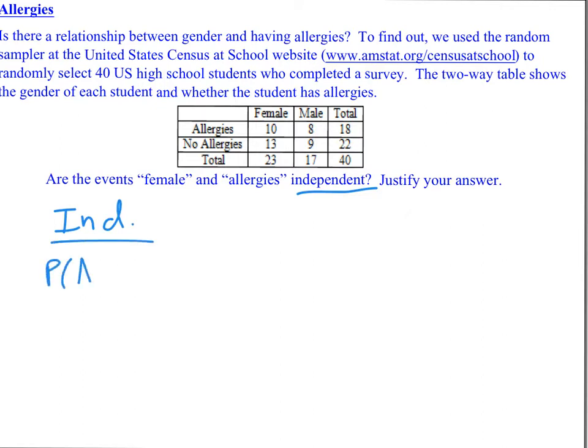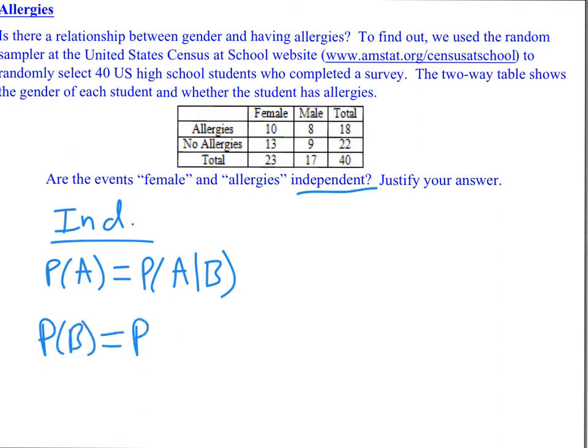It's given us two events. We need to calculate the event and the condition. I'm going to say female is event A, allergies is B, and you could use either one of these, but I'm going to use the first one, okay?